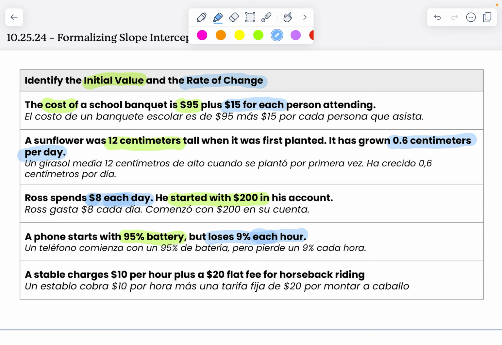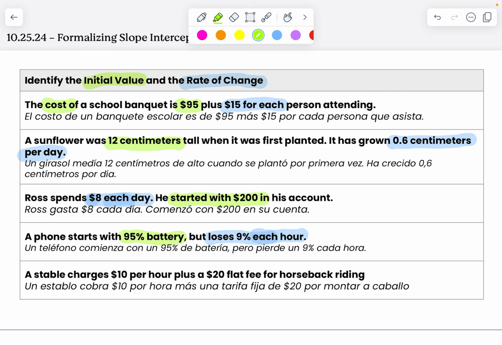Last example, a stable charges $10 per hour plus a $20 flat fee for horseback riding. Okay, so clearly we're talking about horses here. So we want to find the initial value, the starting amount, and the rate of change. It's a constant, same number from hour to hour to hour in this context, right?